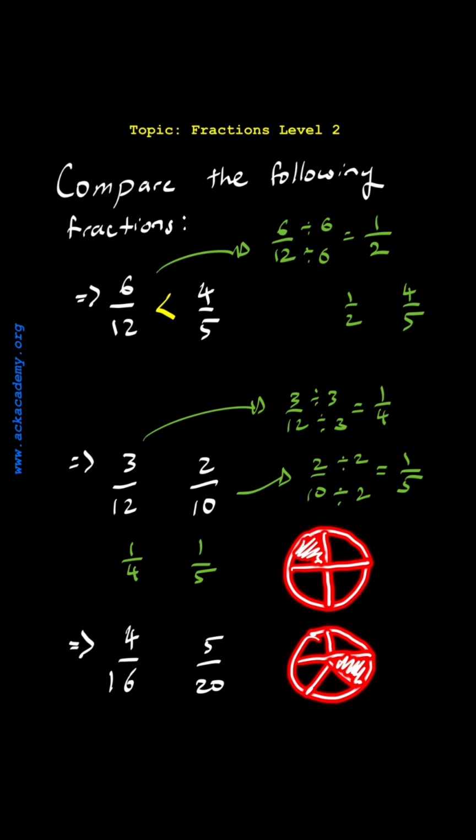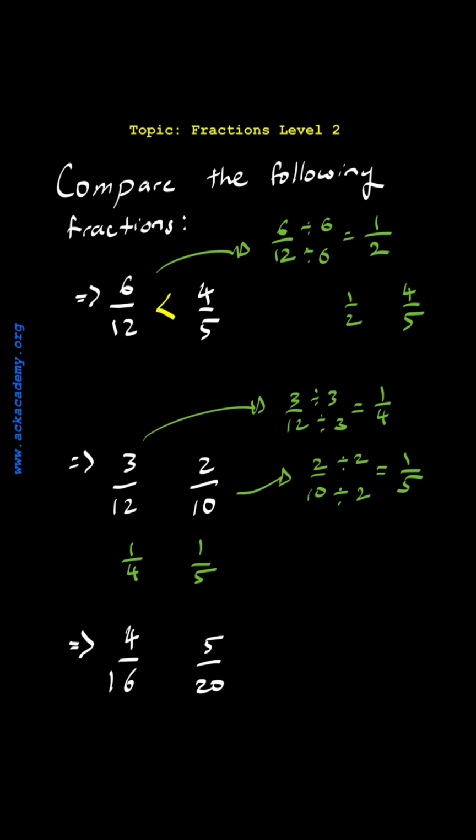Well, I'll actually get more pie if I only have to share it amongst 4 slices, right? If the pie is split into 5 pieces and I get one of those pieces, I get less pie than if I had 4 pieces of a pie and I get one of that piece, right? Just think of it that way.